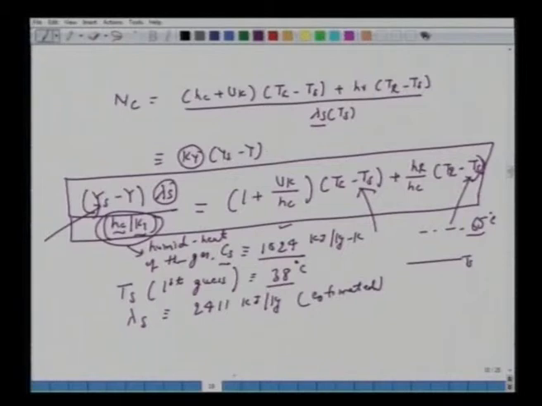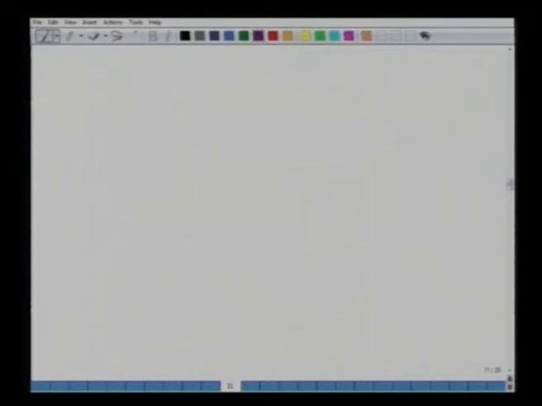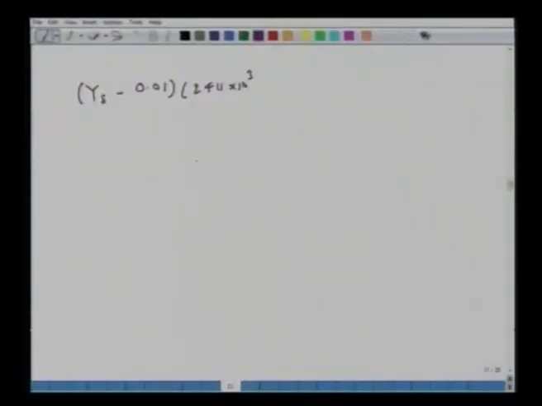Rest all these numbers are known to us, everything except YS and TS. So we substitute this number, YS minus Y, which is 0.01. Then we have 2411 into 10 power 3. This is your lambda S over HC over KY, which we got as 1024. This will equal 1 plus UK over HC, we have calculated 21 over 22, times 65 minus TS.